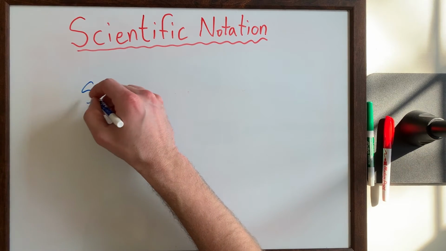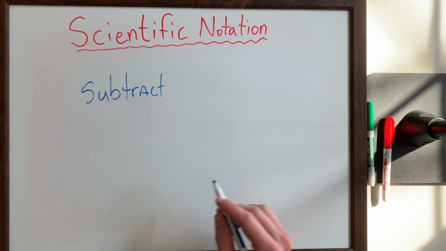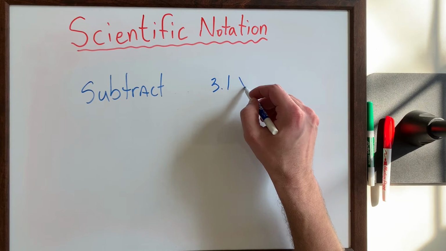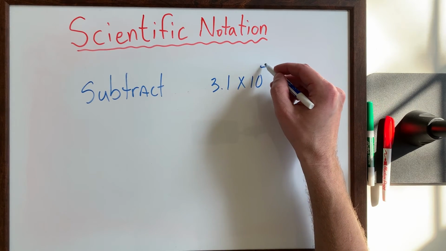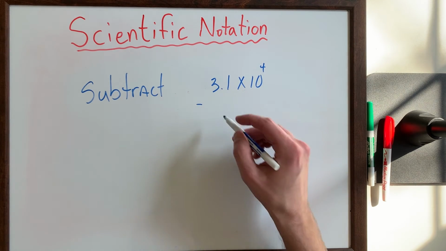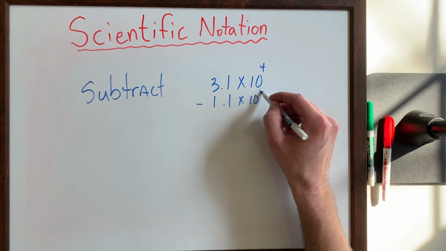Let's try a real quick example with subtracting. Similar to adding, what we need is to make sure that our exponents are the same. So 3.1 times 10 to the fourth, and I'm going to subtract 1.1 times 10 to the fourth, okay?